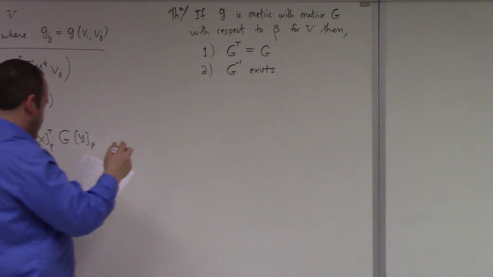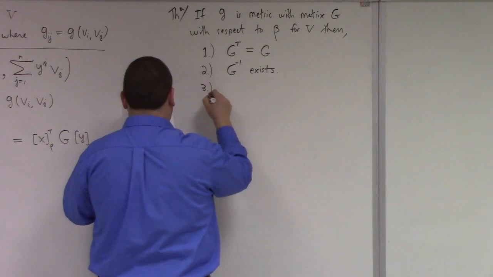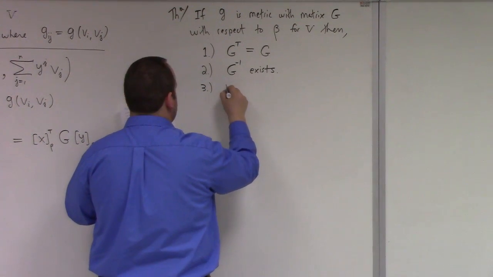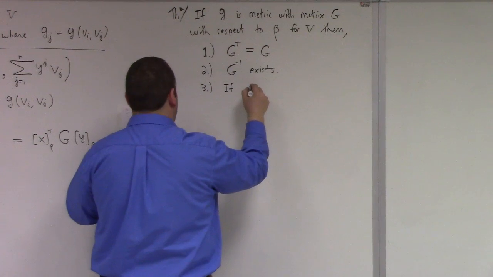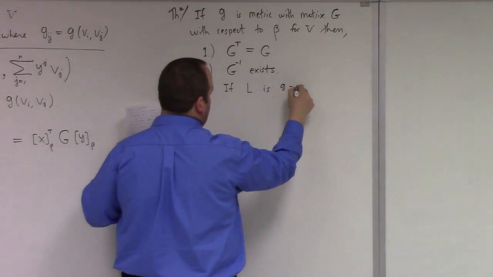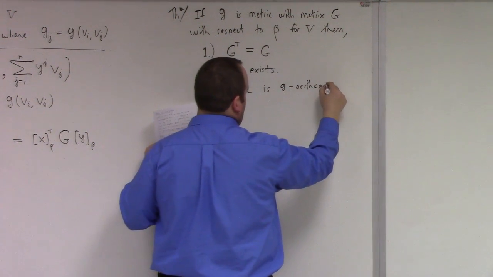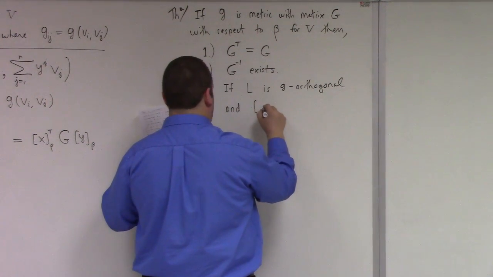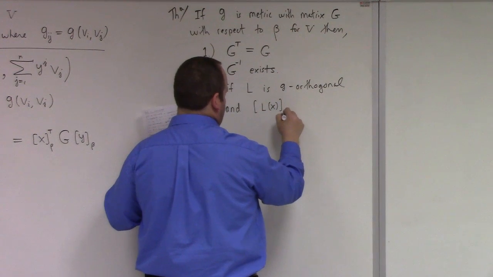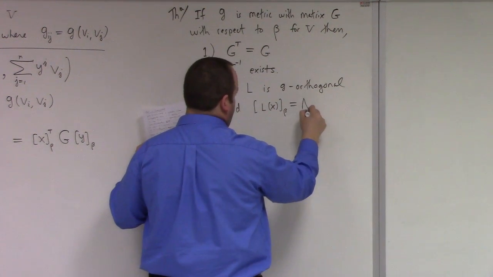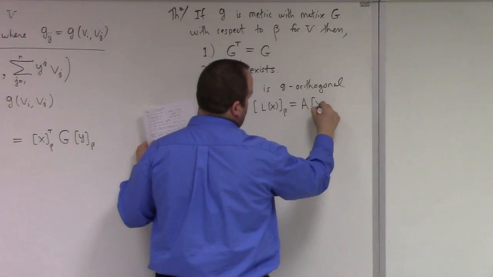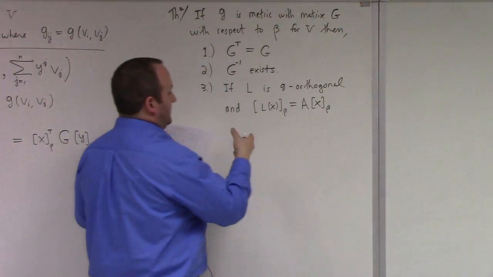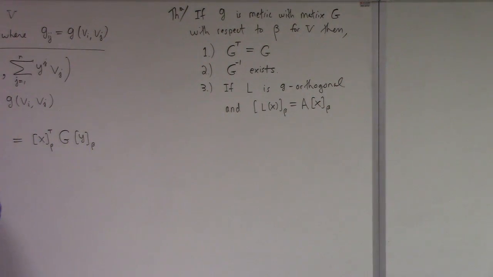And then three, if L is G orthogonal, and we have the coordinate vector of L of x with respect to the beta system equal to A times the coordinate vector of x. Listen, folks, what I just wrote down is just a snazzy way of saying A is the matrix of L with respect to the beta coordinate system.